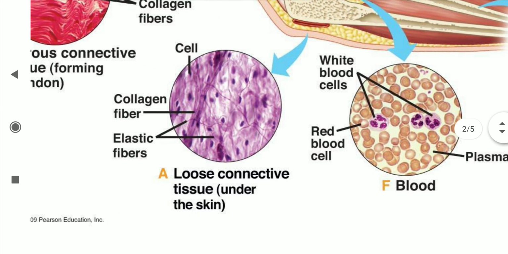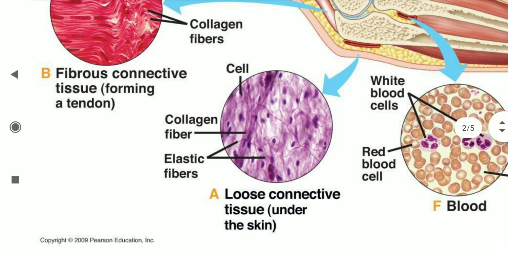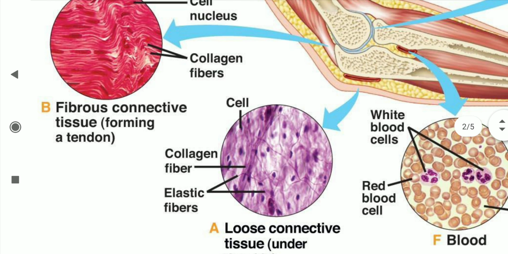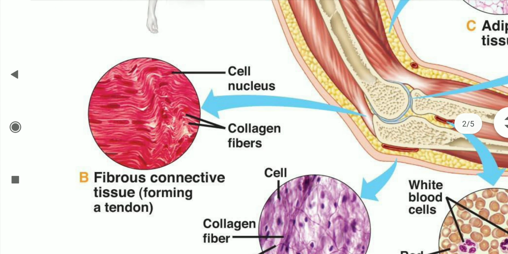After that this is loose connective tissue, which we also call packing tissue. Then this is fibrous connective tissue, tendon. What is the function of tendon? I told you, it joins muscle with the bone, and ligament joins two bones together. Okay, children.